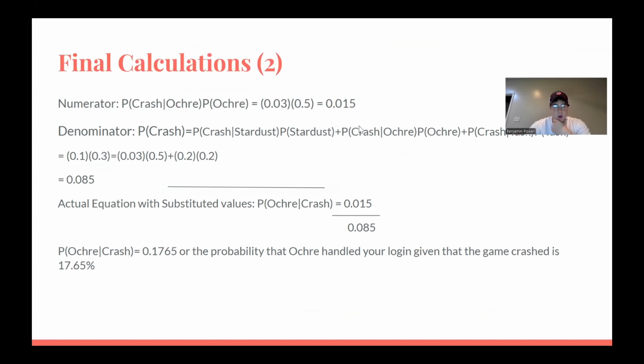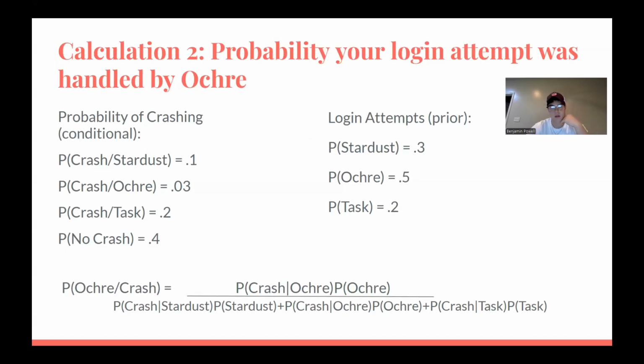And here you get 0.015 over 0.085. And if you're confused, we can bounce back, right? All we're doing for the numerator, just as we did for the numerator in the first equation for Stardust, is solving for the probability of crash with Okra, and then multiplying it with the percentage of login attempts that it is without concerning crash rates.